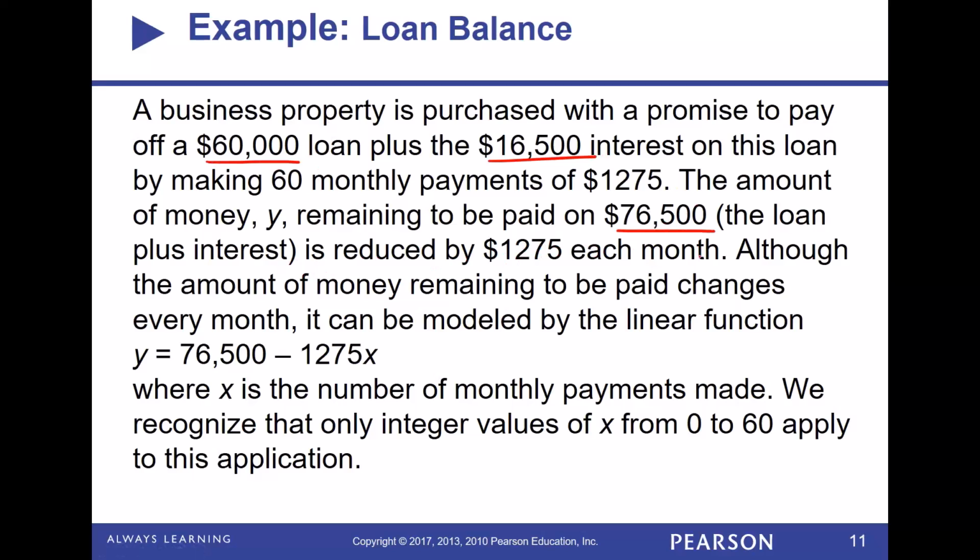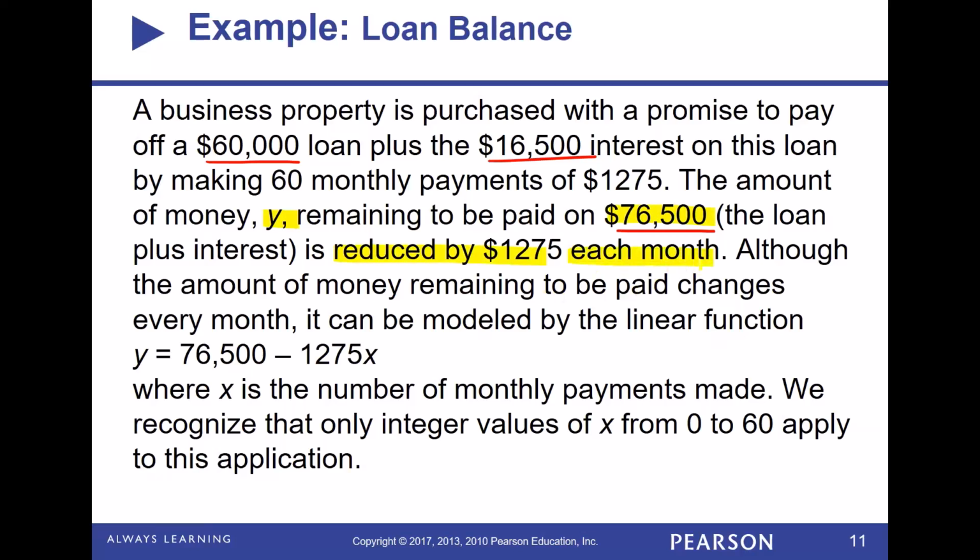$1,275 each month. Now, although the amount of money remaining to be paid changes every month, we can actually use a linear model for this. So look back at that beginning part. We talked about how y is going to equal this being reduced by this each month.